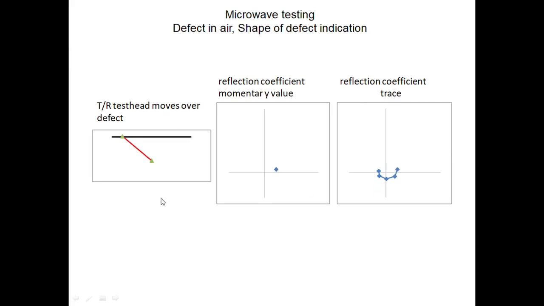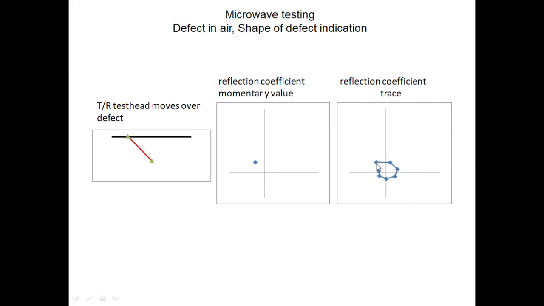We continue the movement, and the length of the travel path becomes shorter. That means the radiation attenuation is becoming smaller, and the amplitude is becoming larger, and the phase is also becoming less negative, that is more positive.